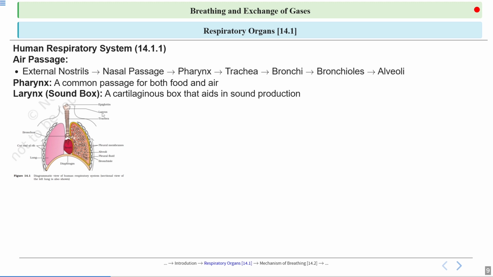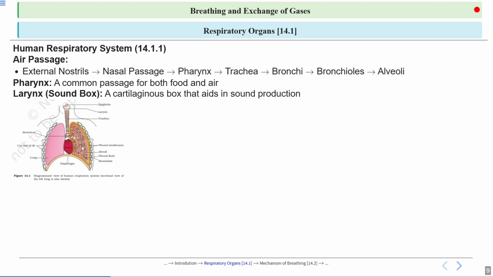Then from the larynx the air will enter into the trachea. Then the trachea further divides into bronchi and the bronchioles. And finally the bronchioles will terminate into alveoli.